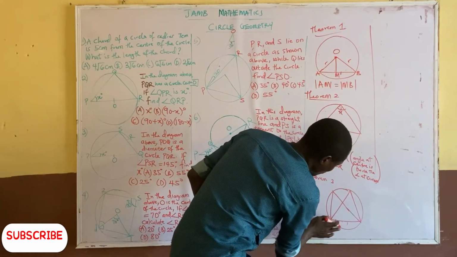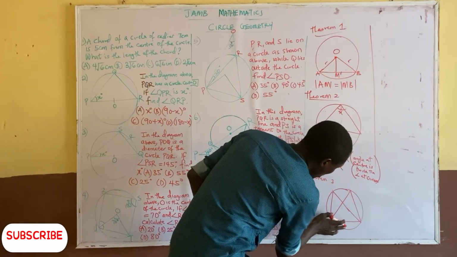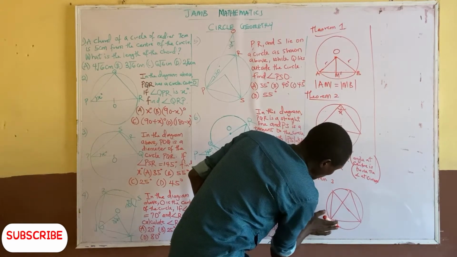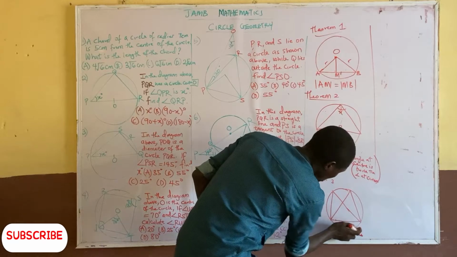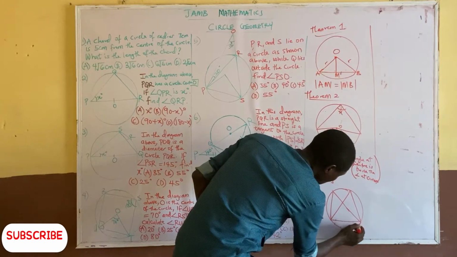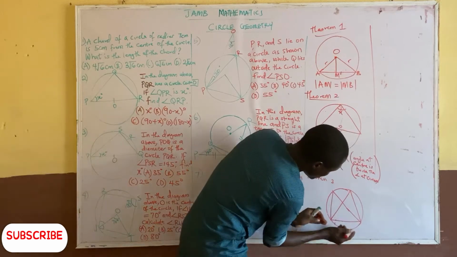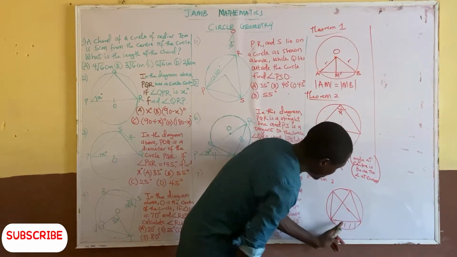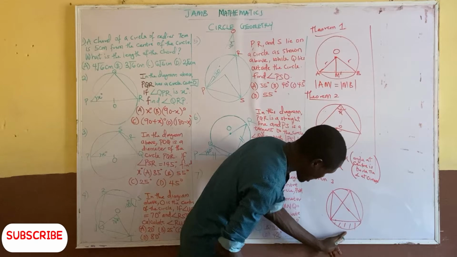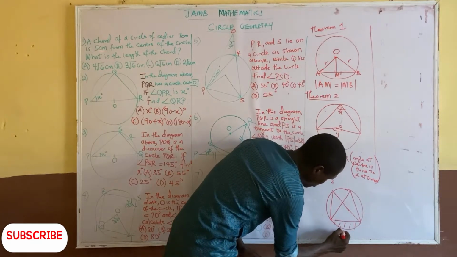This is a segment. So a portion bounded by a chord and an arc. This is the arc.